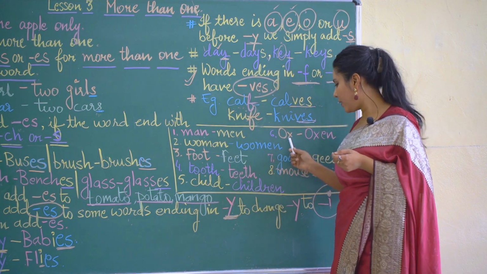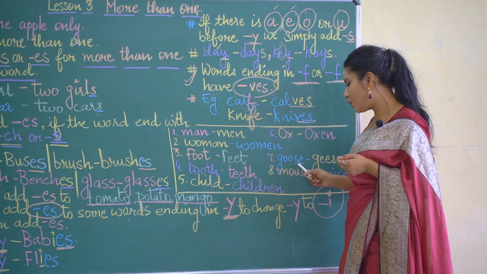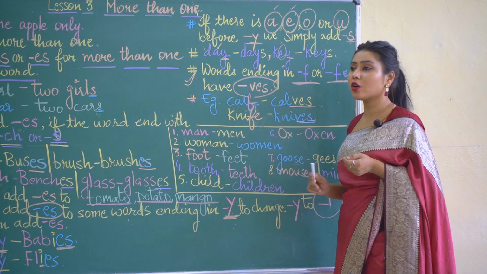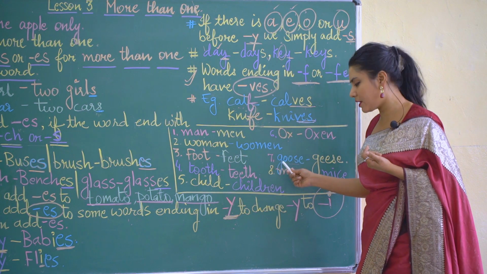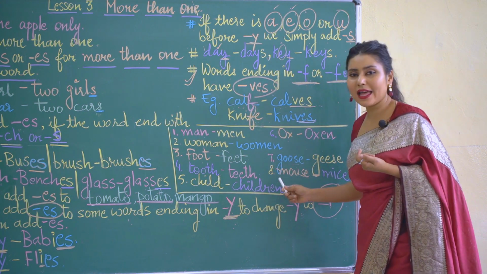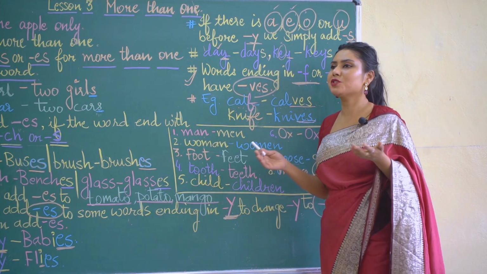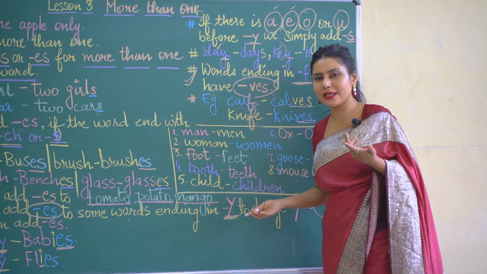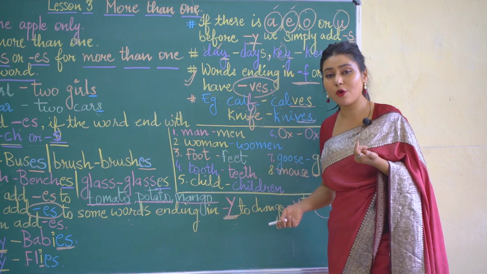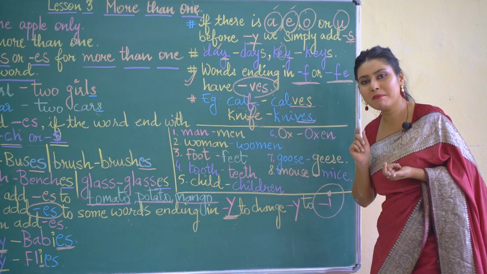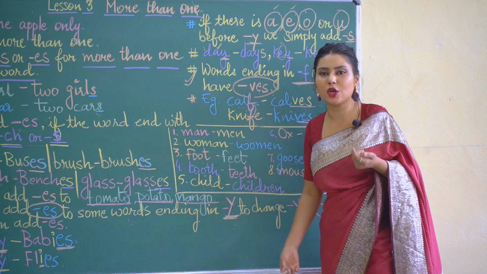Ox will be oxen. EN will be applied. Goose will be geese, not gooses or something like that. And the plural form of mouse, this also you need to understand, comes very often and is asked in many of your examinations. What is the plural form of mouse? It will never be mouses. Remember children, you never have so many mouses in your homes.